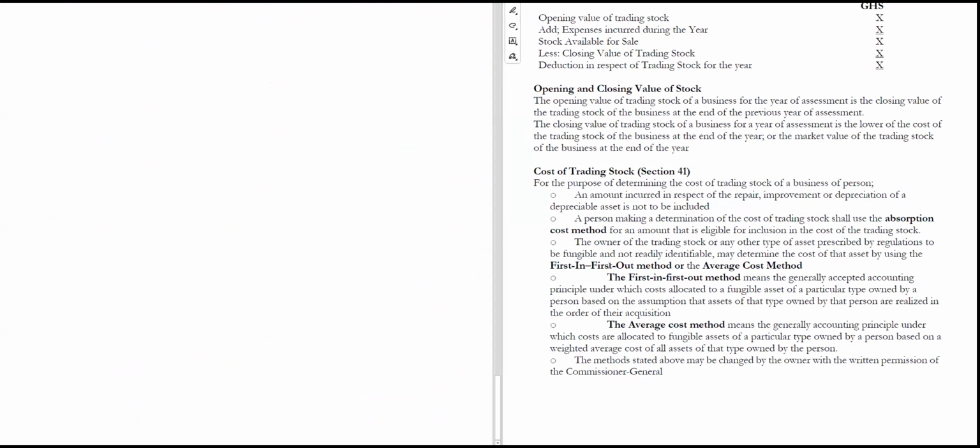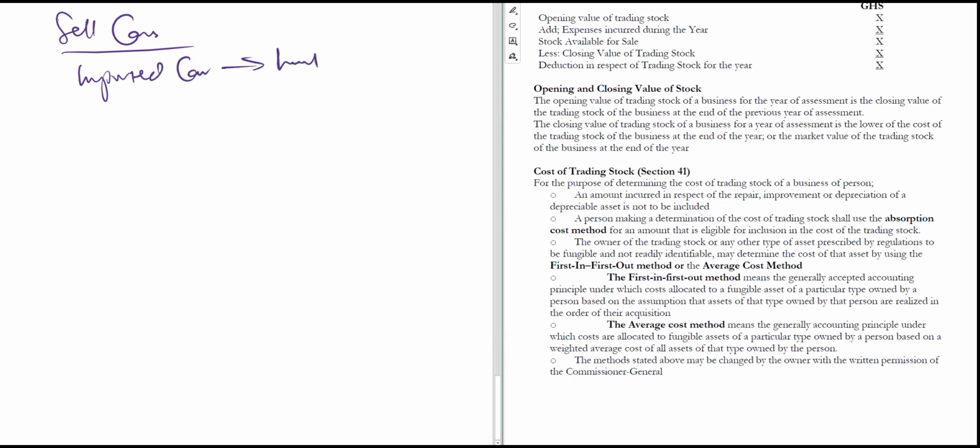Let's look at the cost of trading stock, right? Now, one thing you should understand is that for the purpose of determining the cost of trading stock for a business, any amount that is incurred in respect of repair, improvement, or depreciation of a depreciable asset is not to be included. So let me give you a typical example, right? We are in the business of selling cars, and then we imported a car to sell. Remember, this, however, is our inventory, or our trading stock.